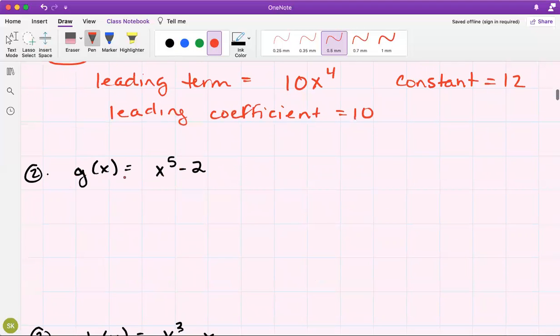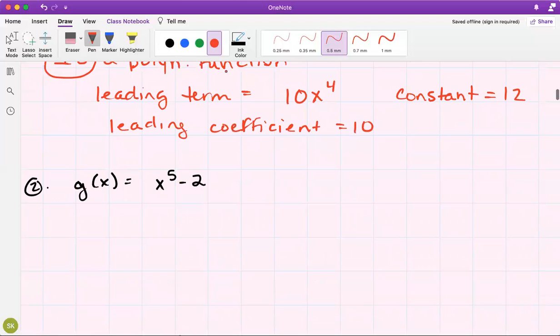How about this function? G of x is x to the fifth minus 2. Well, the degree is 5. That's the largest power on an x. You can see that anything involving an x has a non-negative integer power. The constant term is -2. You can see that you could expand this. You could say this is x to the fifth plus 0x to the fourth plus 0x to the third, and so on until you get to -2.